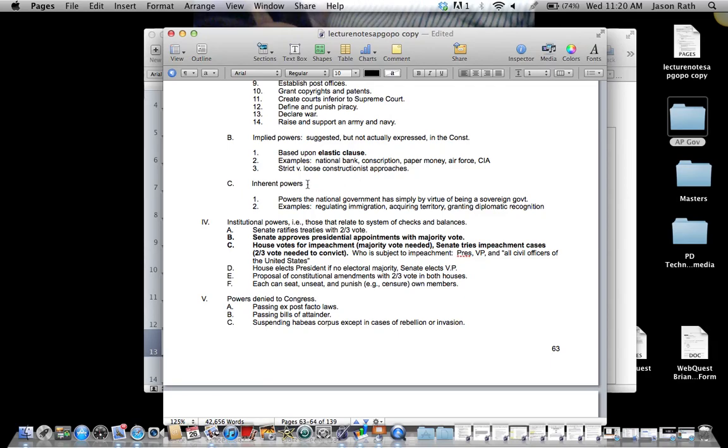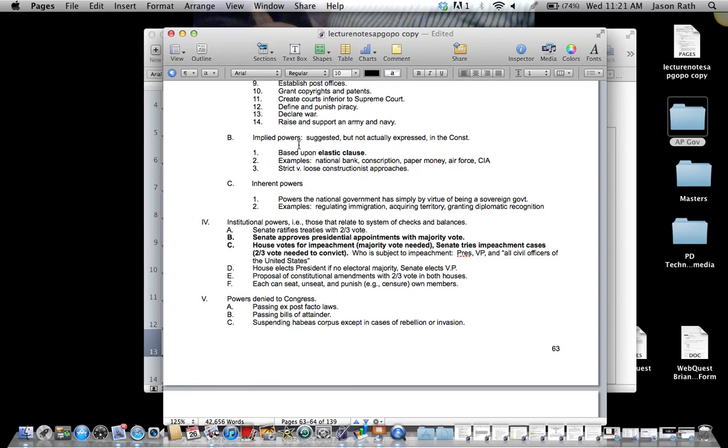And that just has to do with the interpretation of the Constitution. Strict interpretation or loose interpretation. And that would affect implied powers, because how you interpret the Constitution would then directly reflect what powers you think the Constitution should have.